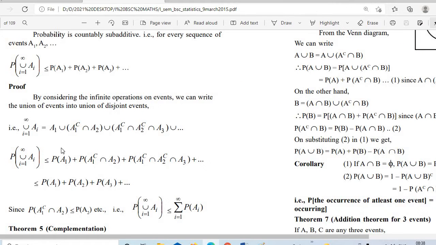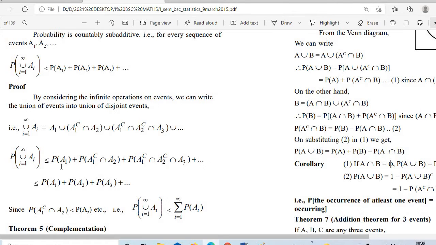So you can add their probabilities. So if you take probability of union i from 1 to infinity A_i, that will be equal to probability of A1 plus probability of A1 complement intersection A2 union A1 complement A2 complement intersection A3, etc.